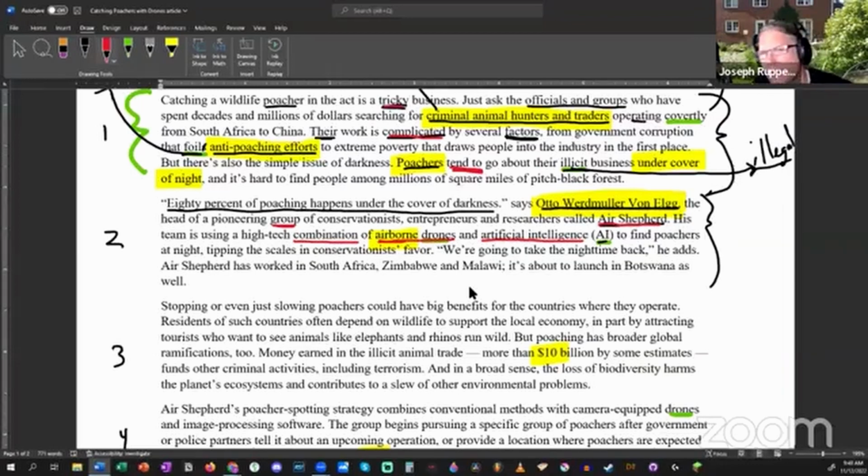I thought all drones were in the air, but maybe you could have some driving on the ground. I don't know. So a combination of these drones and AI to find poachers at night. We're going to take the nighttime back, and it looks like we're focused on the continent of Africa.